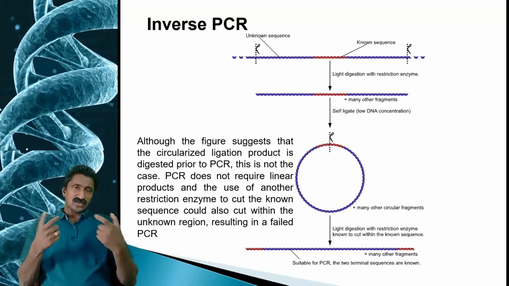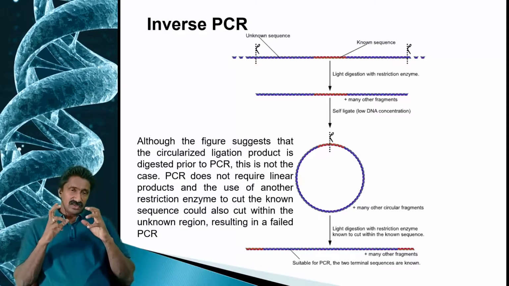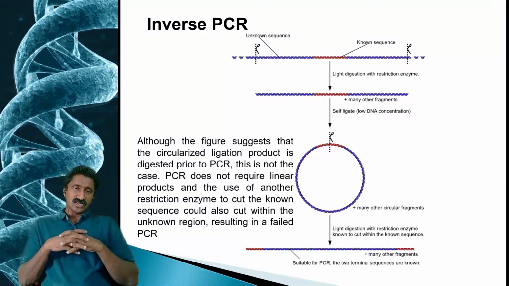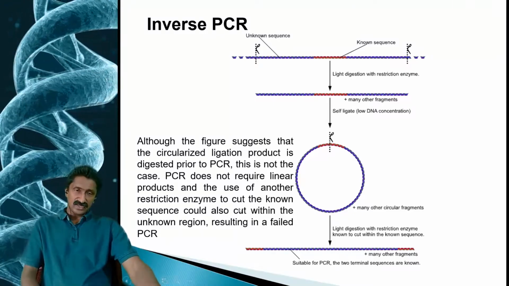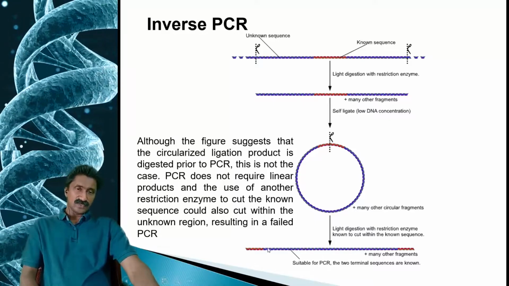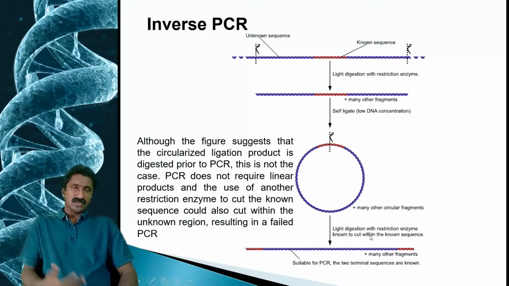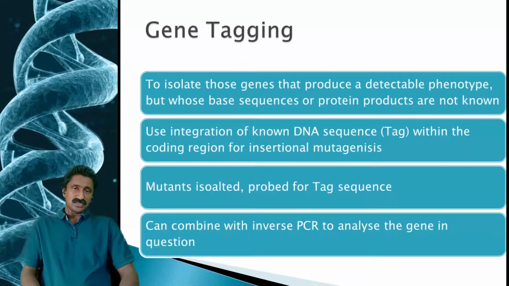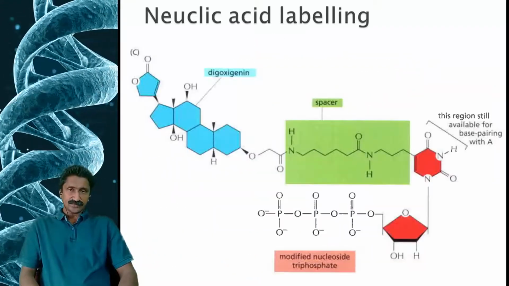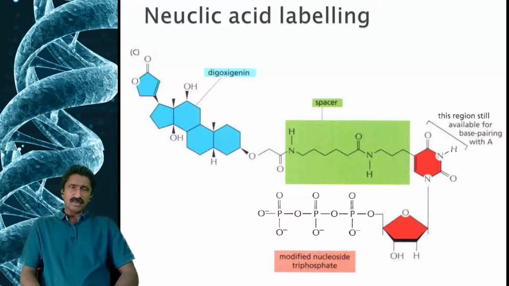So your attached sequence was actually used for constructing the primers to amplify, and this can be amplified, cloned, and even sequenced. This sequence can be determined using this method. So this is one of the methods that is based on gene tagging. And another one is nucleic acid labeling.